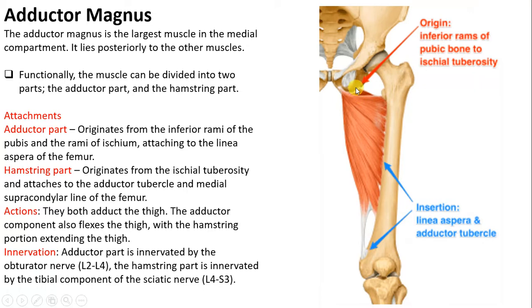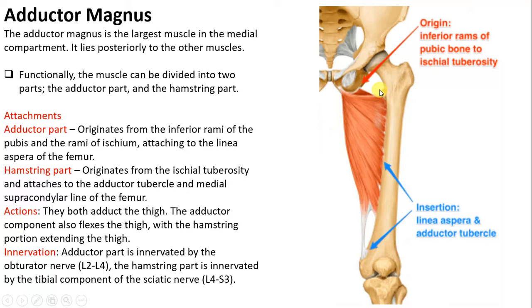Here is the ischial tuberosity, and this is the hamstring part. It attaches to the adductor tubercle and the medial supracondylar line of the femur. So the muscle will adduct the thigh; the adductor component also flexes the thigh, with the hamstring extending the thigh.